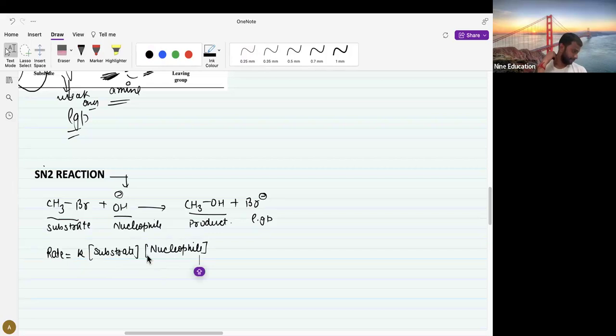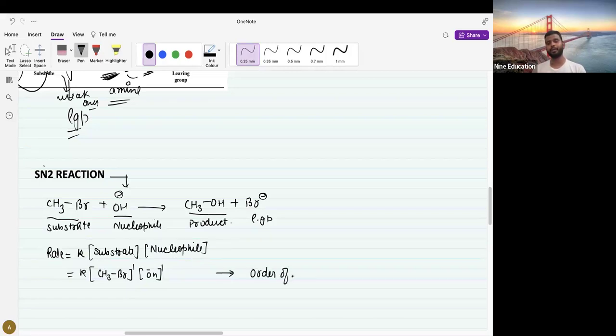See, means rate is equal to K times substrate, let's say, CH3Br, and nucleophile is what? OH minus. So from this only we will come to know the order of the reaction.